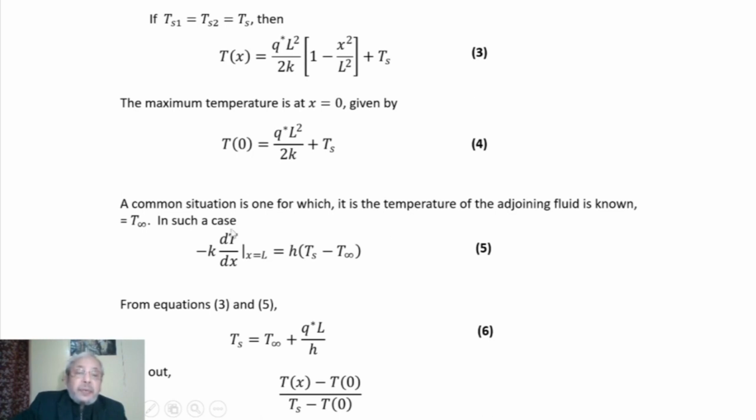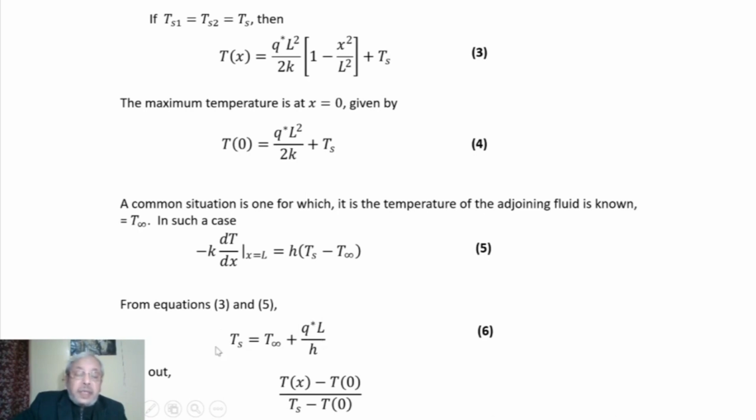And if we substitute dT/dx expression after finding out dT/dx from here at x equal to L, and equate it with h(Ts minus T infinity), we will get Ts equal to T infinity plus q star L by h.